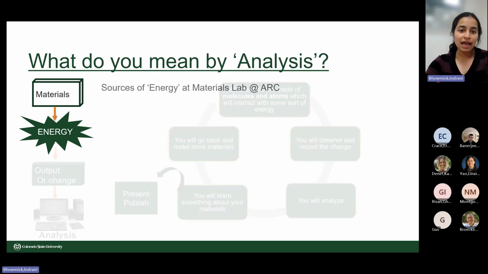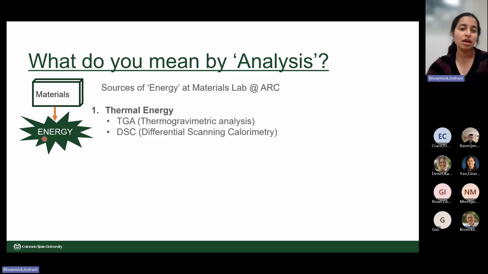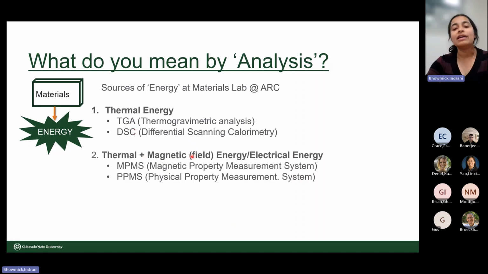So in our lab, what we provide is that energy, through a bunch of instrumentation we have. I'll break it down into very simple thermal energy first, for which we have two instruments, TGA and DSC. And then we add some magnetic or electrical energy sources, which we have in MPMS, the magnetic property measurement system, and PPMS, the physical property measurement system.